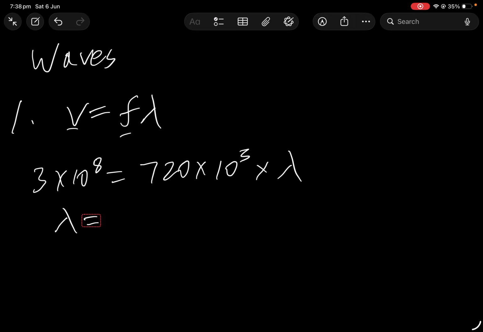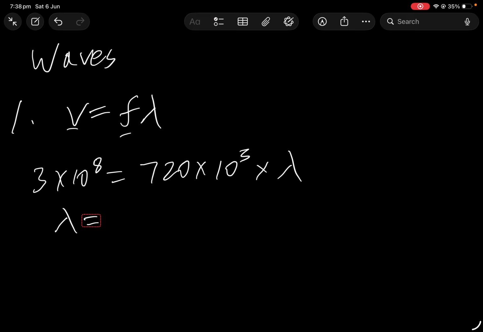We need a calculator. Okay, I got my calculator. So we just do 3 times 10 to the power of 8 divided by 720 times 10 to the power of 3.